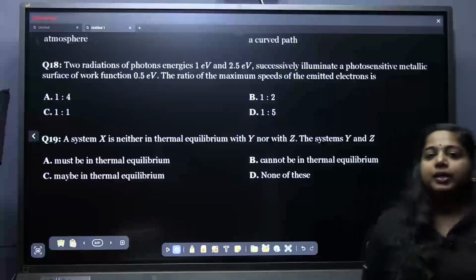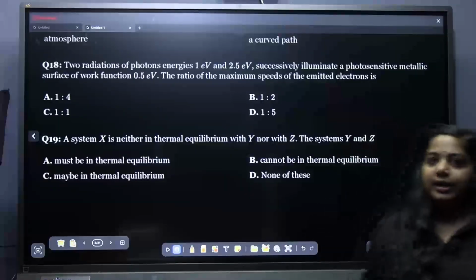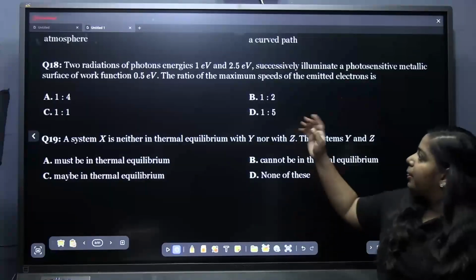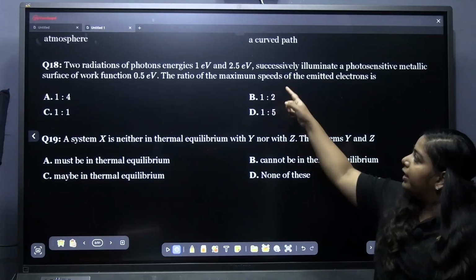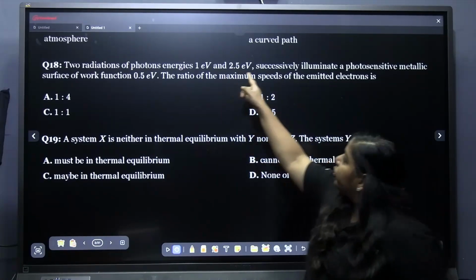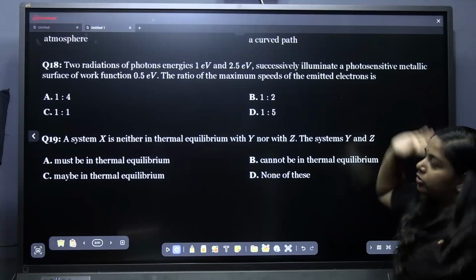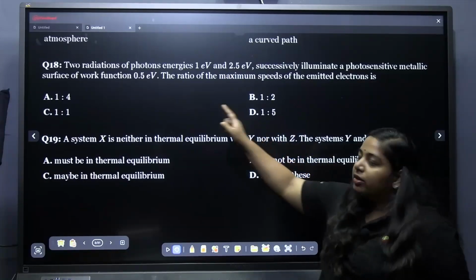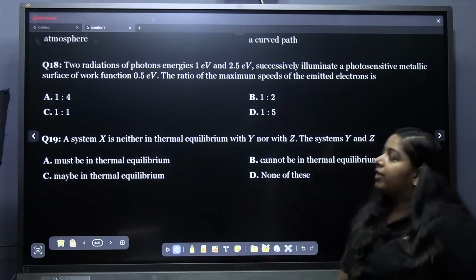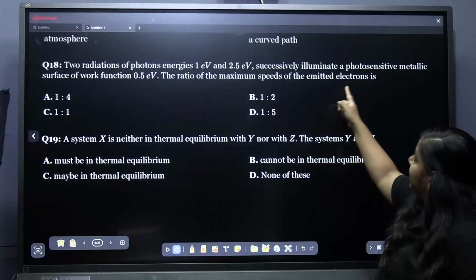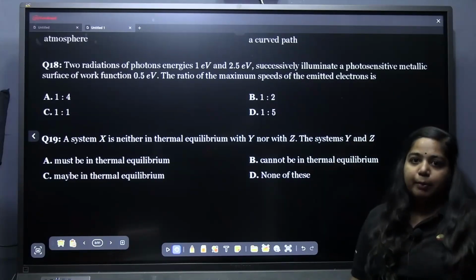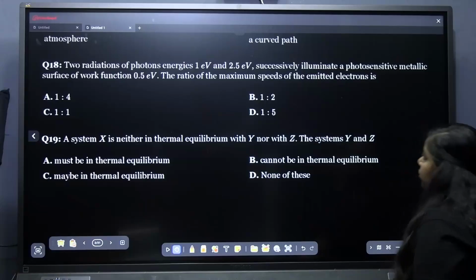Next one is from modern physics, let's say photoelectric effect. Two radiations of photon energies 1 electron volt, 0.5 electron volt, 2.5 electron volt illuminate a photosensitive material. Work function of that material is 0.5 electron volt. Find the ratio of maximum speed of the emitted electrons.